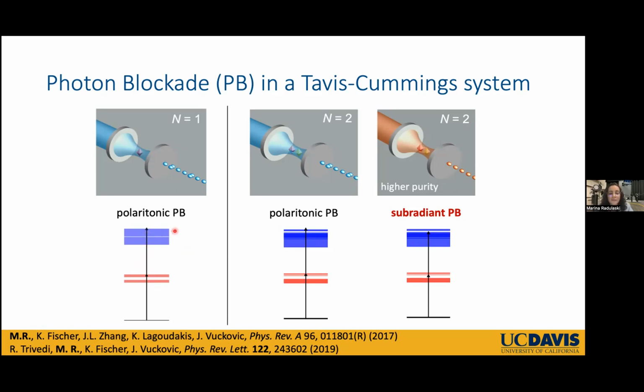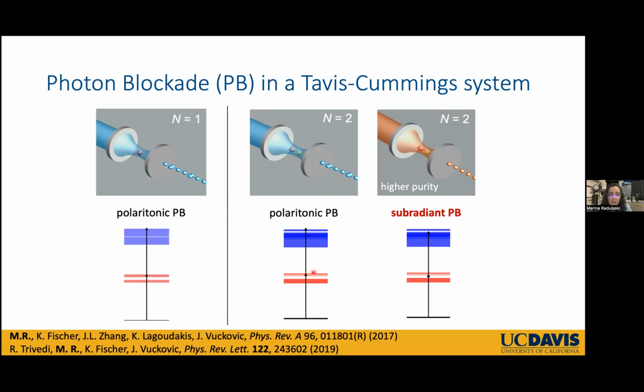Similarly, if we have 2 atoms in a cavity, and in this case, it's a non-resonant case, so neither the atoms nor the cavity are resonant to one another, what happens is now we don't have just 2, we have 3 states in the first excited rung and 4 states in the second excited rung.